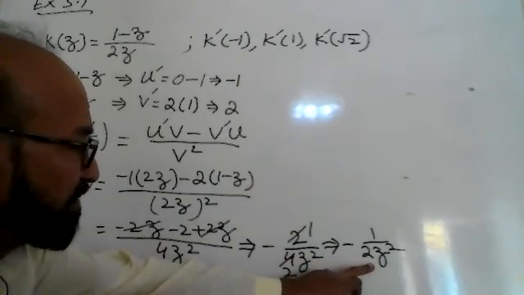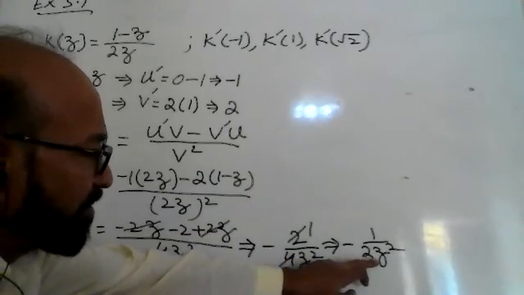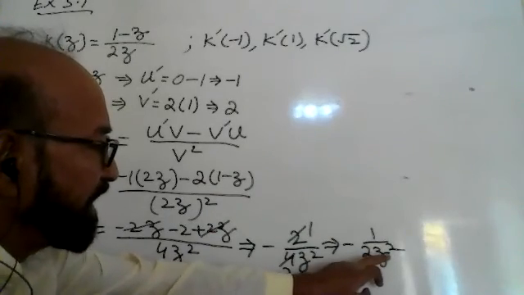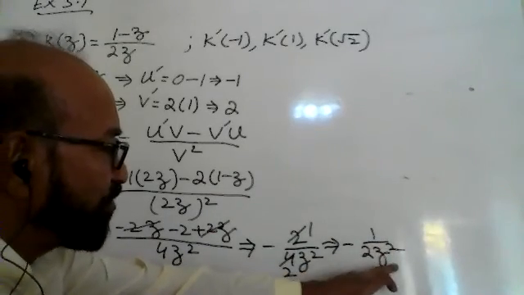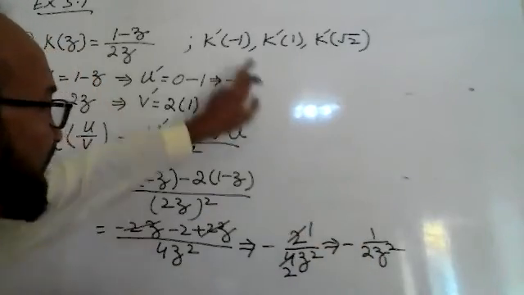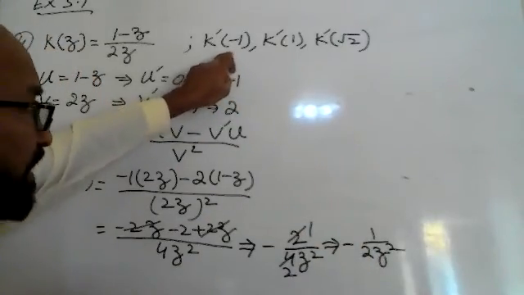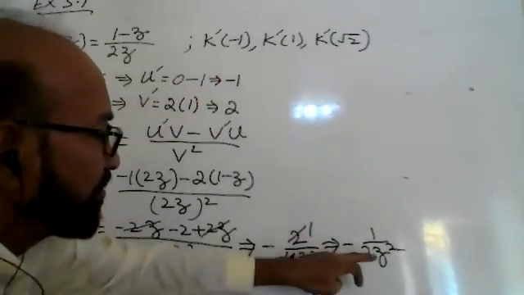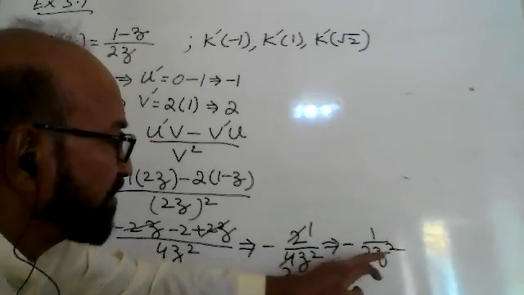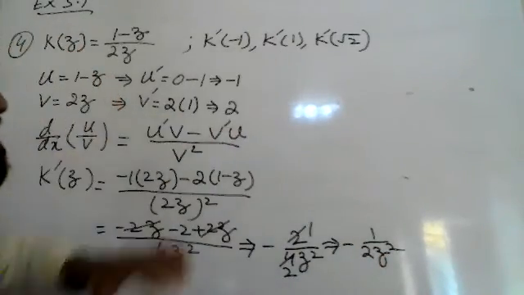Minus 1 square will be plus 1. Z is replaced by minus 1, square, minus 1. And z square minus 1 whole square will be 1. So 1 into 2 will be 2, minus 1 upon 2 will be the answer for k dash minus 1. And for k dash 1, z is replaced by 1, 1 square is 1. So minus 1 over 2, the same answer.